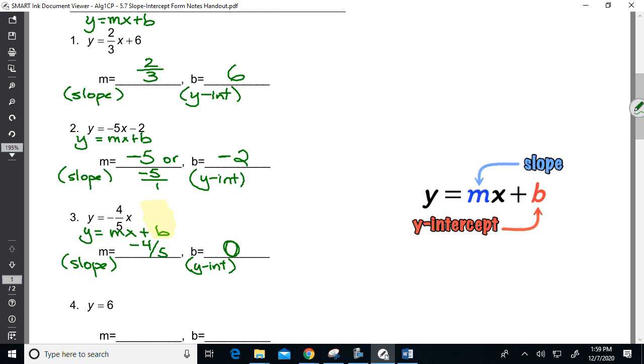You're on the right track. There's no x term. So if you have y equals 3, but there's no x variable, that means the slope would be 0.